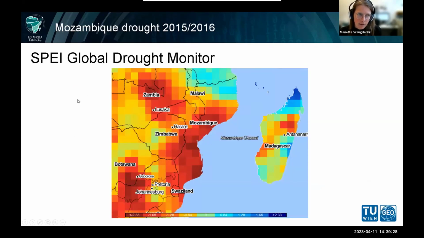Also, if we look at the Standardized Precipitation Evapotranspiration Index, which is an index that is very often used for drought monitoring, based on precipitation data and also evaporation from model data from temperature, we can see that here in the central and southern areas of Mozambique we have a very low SPEI, actually severe drought conditions. So this is also for February 2016, as was the rainfall data.